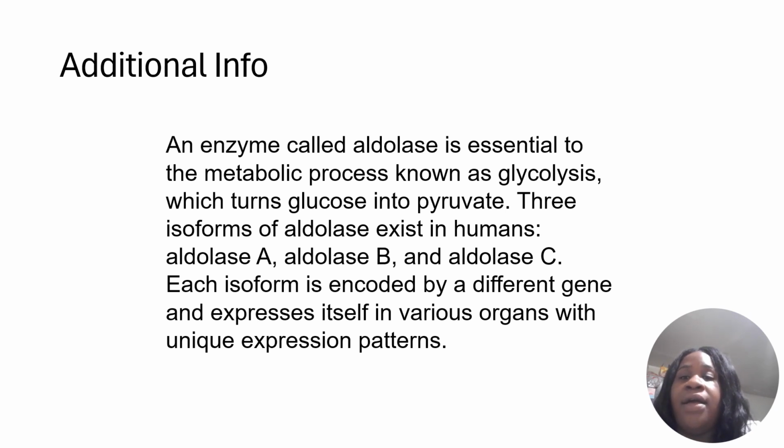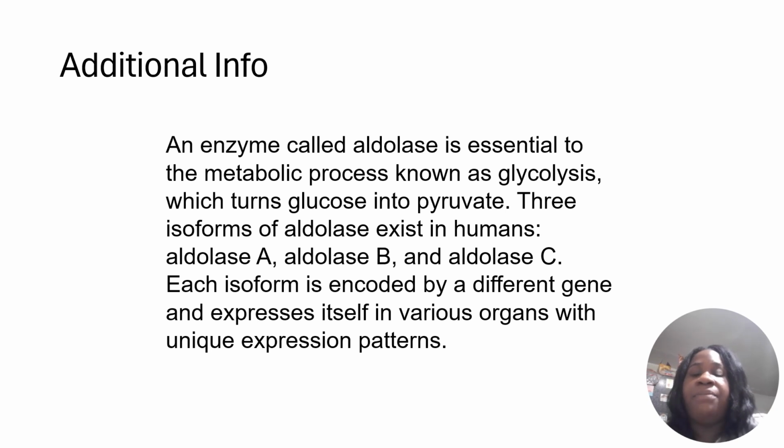Aldolase A, tissue distribution: it's primarily found in muscle tissues, including skeletal and cardiac muscle. You have the function. Its main role is in glycolysis, where it catalyzes the reversible conversion of fructose bisphosphate to glyceraldehyde phosphate and dihydroxyacetone phosphate.